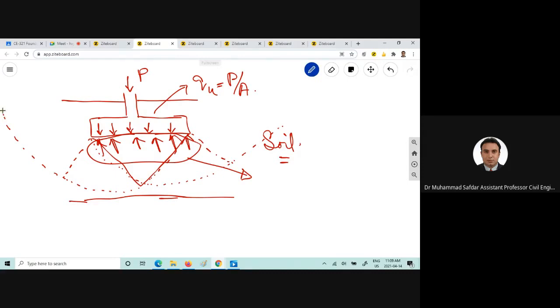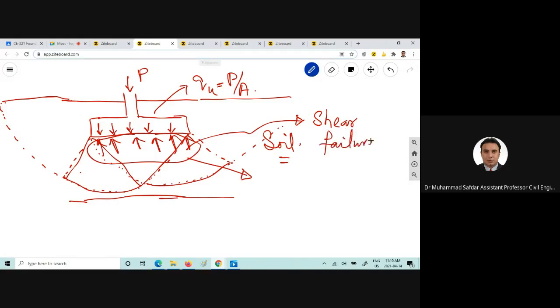So kind of a shear failure will occur, so the least pressure which will cause the shear failure is known as the ultimate bearing capacity of the soil.